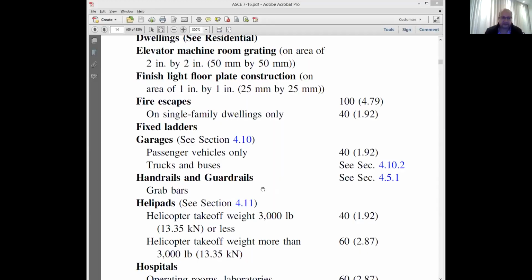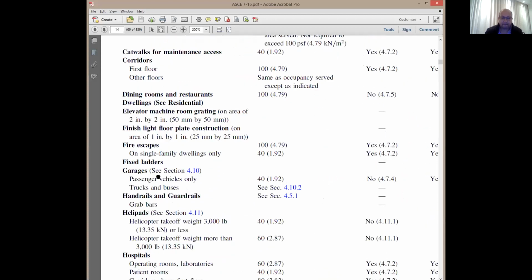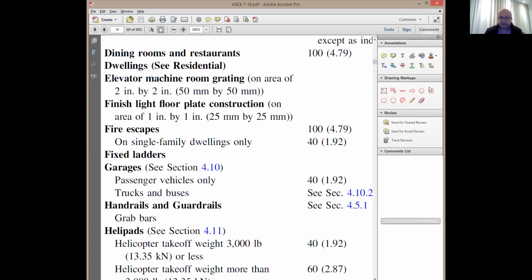It's right here. Do you guys see it? Garage, passenger vehicles only, is going to be 40 PSF. You guys see it? So it's going to be right here.